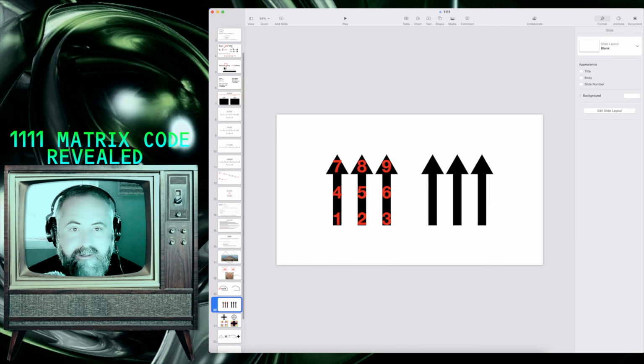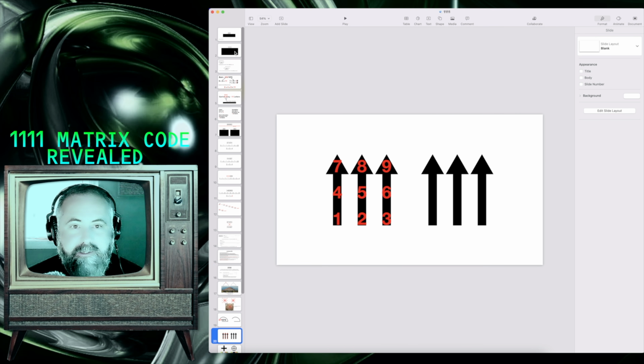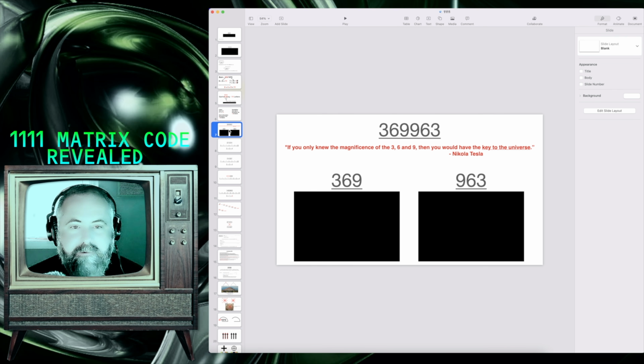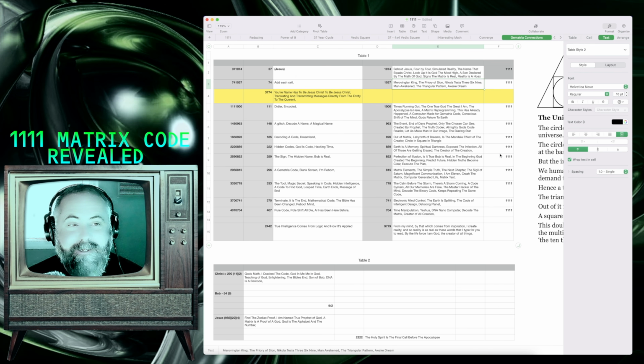That's what started all of this, was adding 333 to 1111 and getting the number 369963. And of course we have the phrase by Nikola Tesla, or the quote, I guess I should say, if you only knew the magnificence of the 3, 6, and 9, then you would have the key to the universe. So just strange that we would get his name and those 3 numbers.